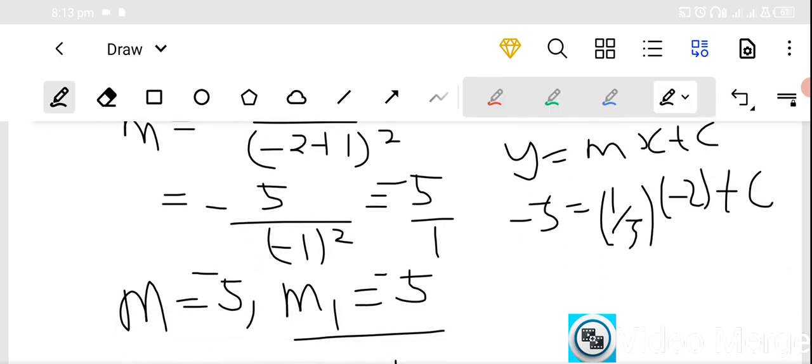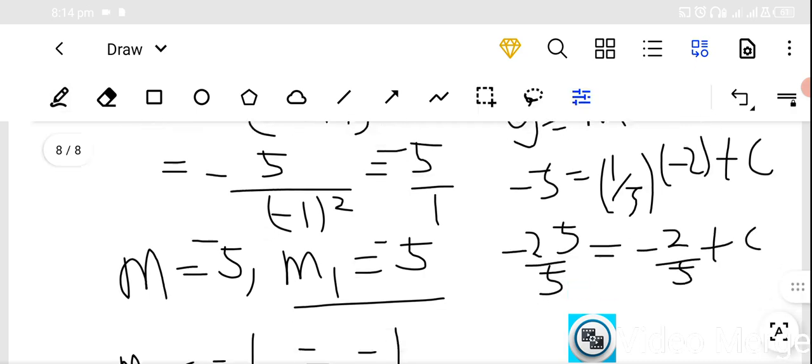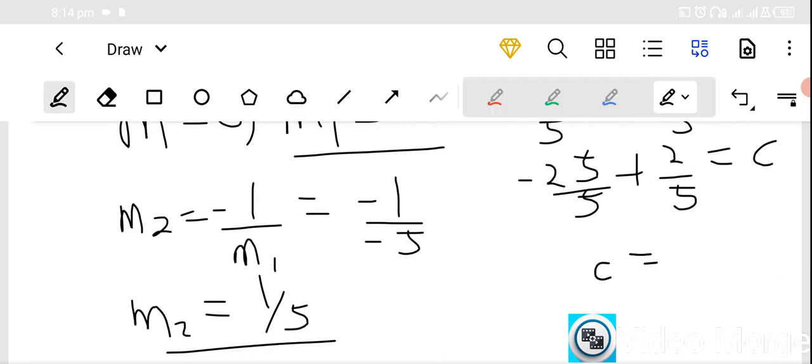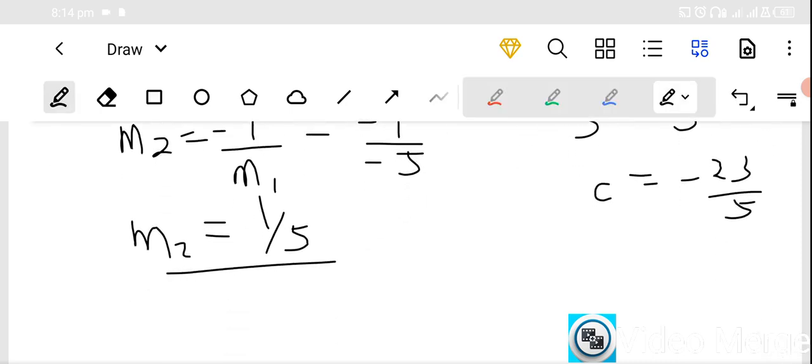So you're going to have negative 5, the same as negative 25 over 5, is equal to negative 2 over 5 plus c. Group like terms together, negative 25 over 5 plus 2 over 5 is equal to c. Then c would be equal to negative 23 over 5, and therefore y would be equal to positive 1 over 5 x minus 23 over 5.